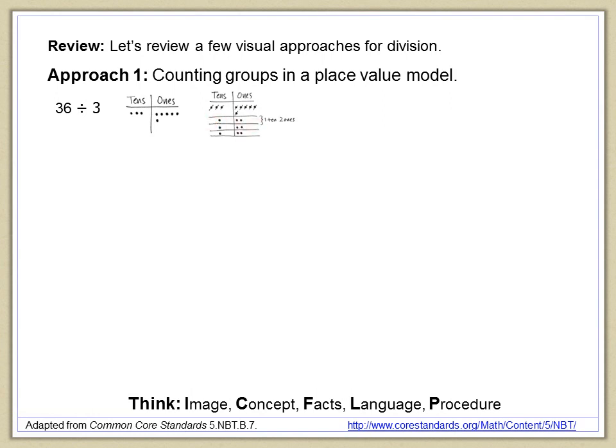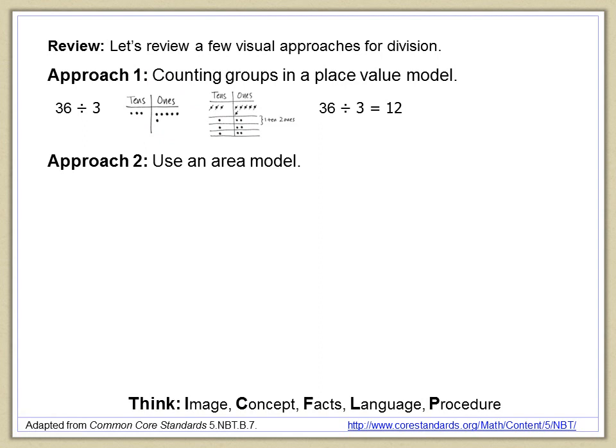And now what we have is 3 groups of a 10 and 2 ones, a 10 and 2 ones being 12, and so we have that when we divide 36 by 3, we get 12. This also connects back to multiplying because we have 3 12s, or 3 times 12, which gives us our 36 that we started with.